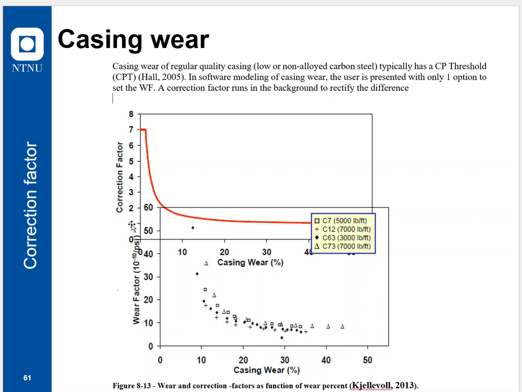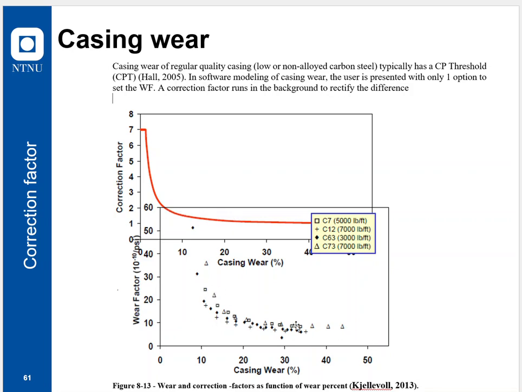That is a specific pressure from the side force between the casing and the tool joint of the drill pipe. Now, at that point in time, you will no longer create more wall loss. The correction factor being 1, no more casing wear.